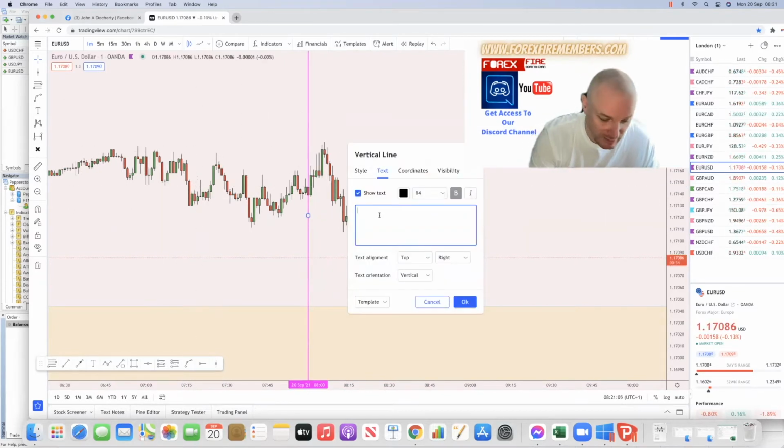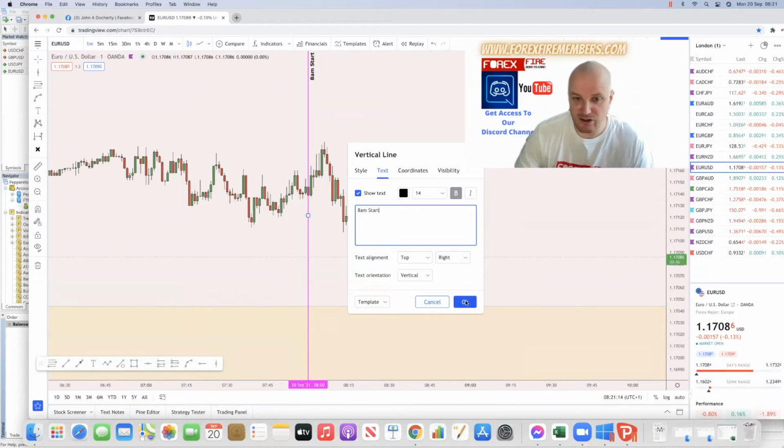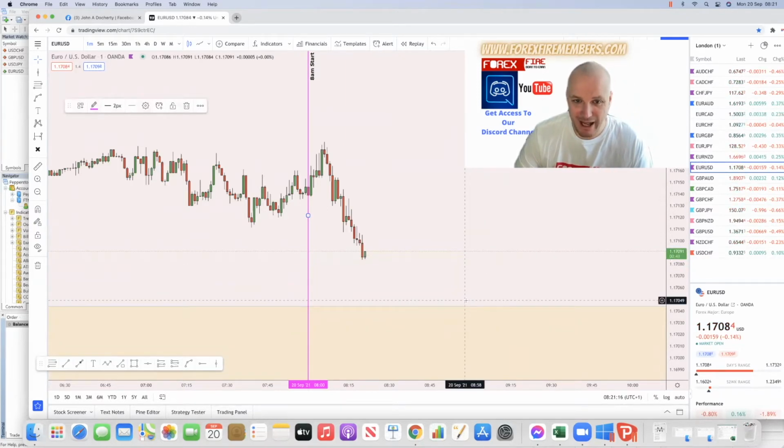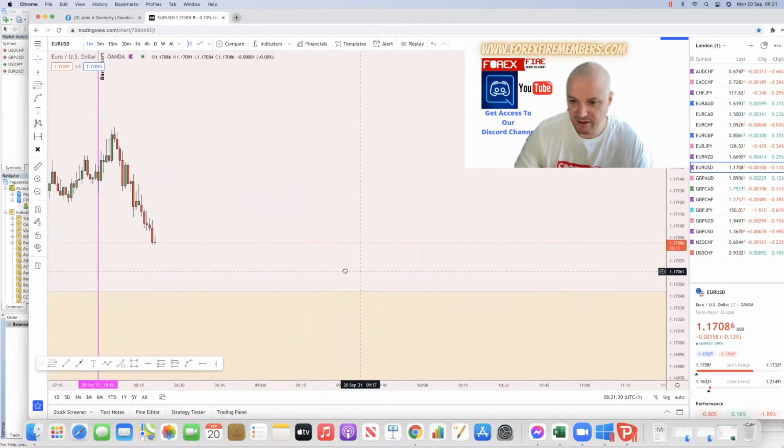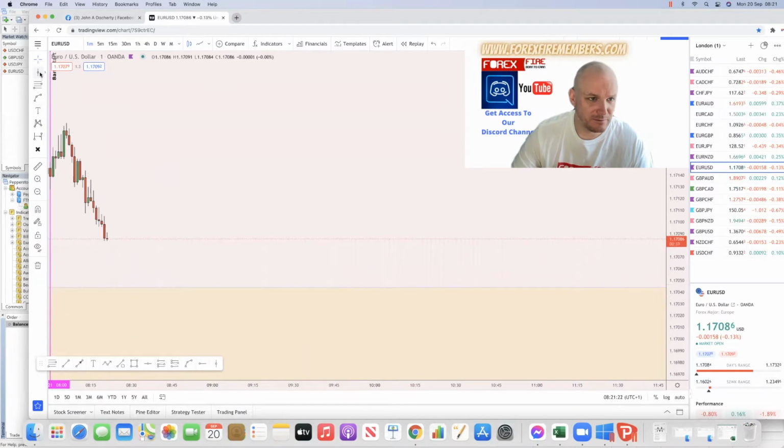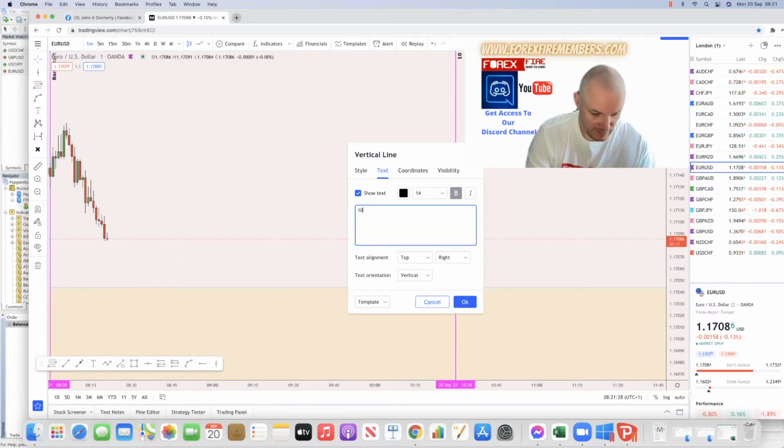But I'm not looking to be entering any trades until around about 8:30. So I'm still going to structurally keep this as a starting block of 8 a.m., and then we know our finish time, you've guessed it, guys, is 10:30 a.m. finish.